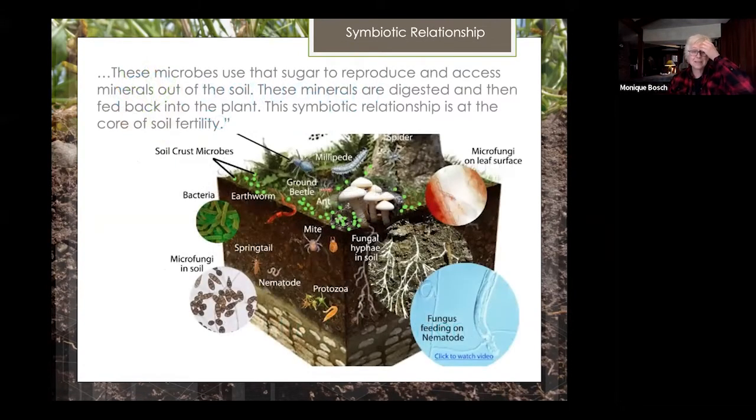And here's a really nice look at what that looks like. So the plant is feeding the microbes, and in exchange, the microbes will get whatever nutrients that plant has the potential to take up and feed it back to the plant. So that symbiotic relationship is what makes fertile soil.